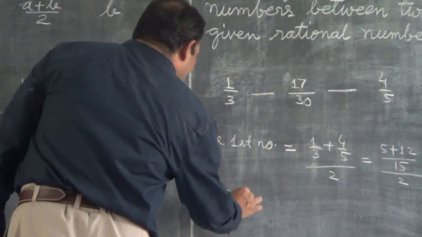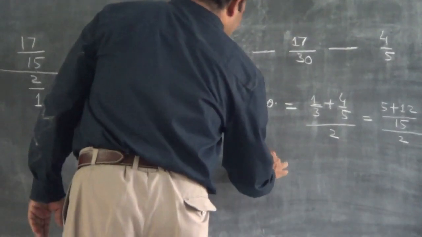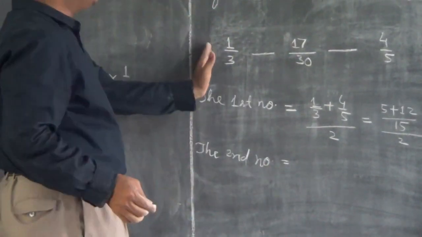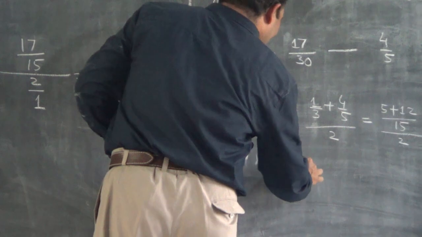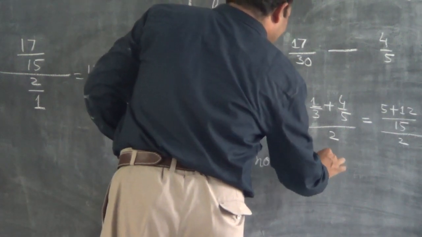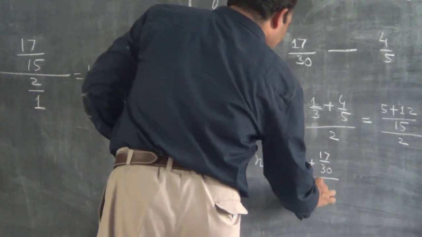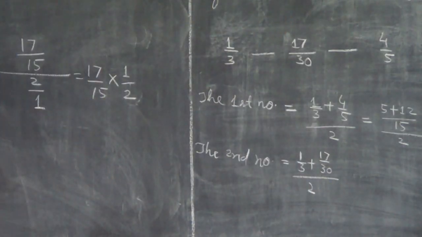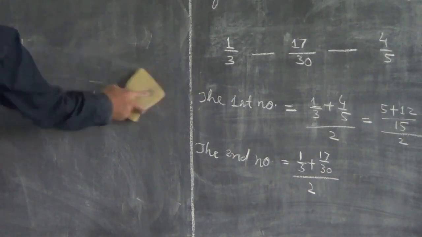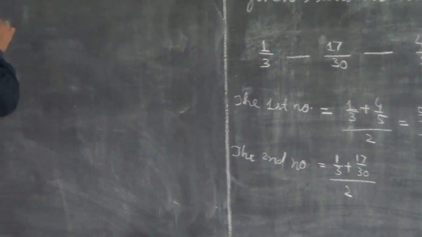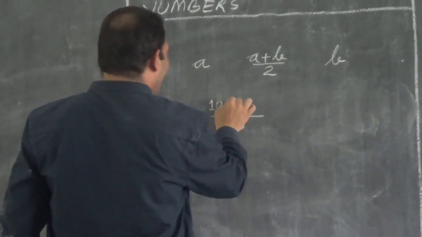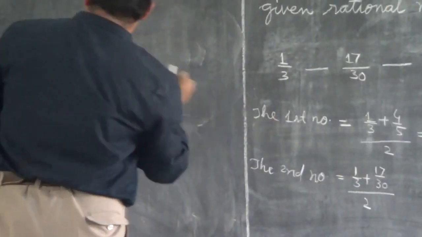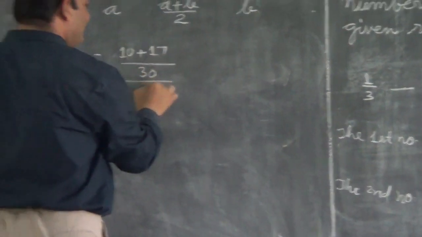The second rational number will come between these two: the second number equals 1 by 3 plus 17 by 30 divided by 2. That equals, LCM is 30. 3 10s are 30, so here 10 will come, and 1 30 is 30, so 17 will come, divided by 2.